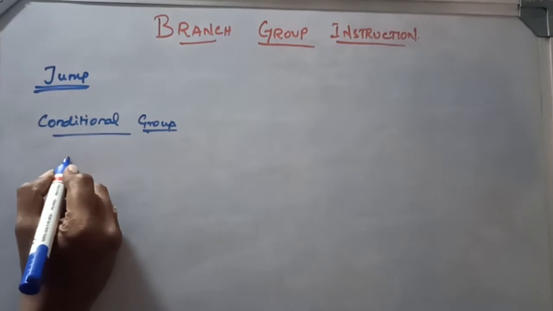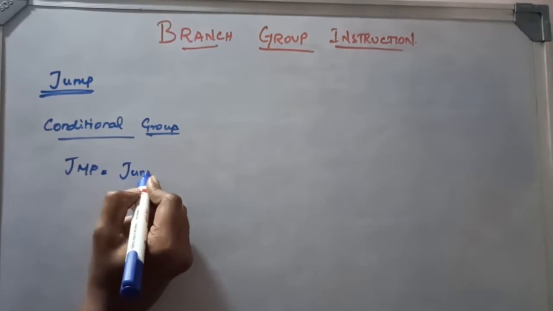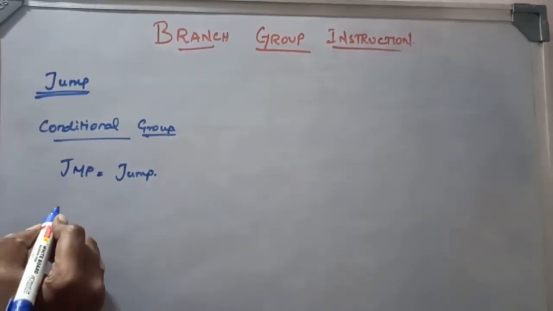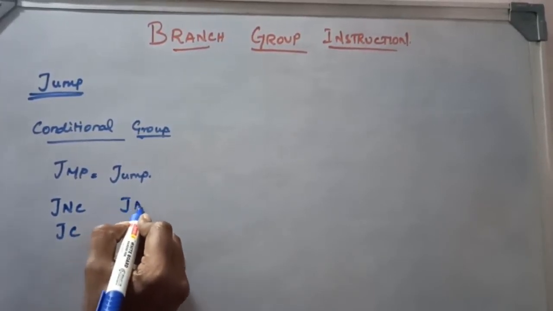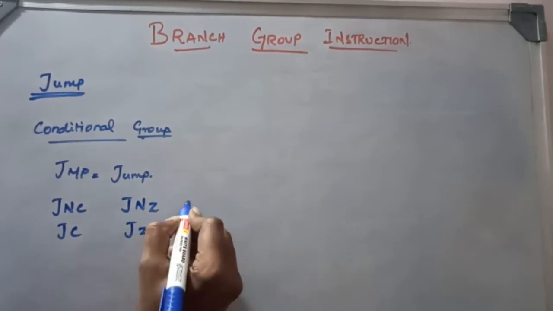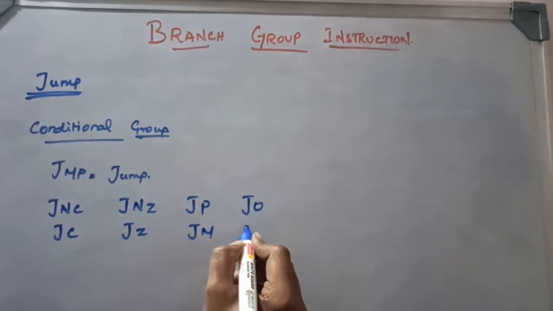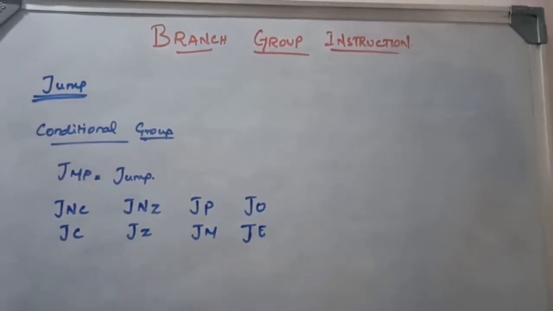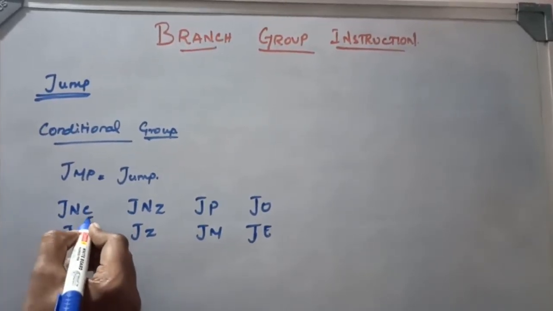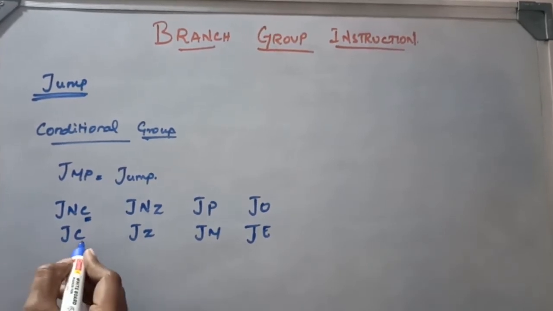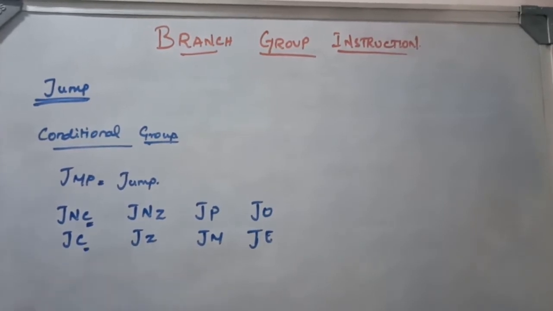This instruction you can write as JMP for jump. In the conditional group, you can write the jump instruction as JNC, JC, JNZ, JZ, JP, JM, JPO, JPE. JNC is jump on no carry, JC is jump on carry: if carry is present, you go to the corresponding location.